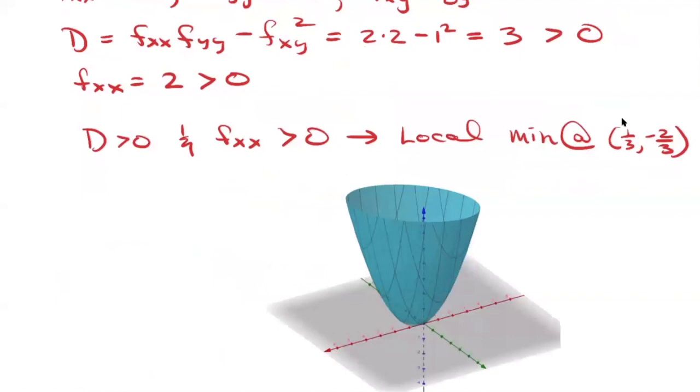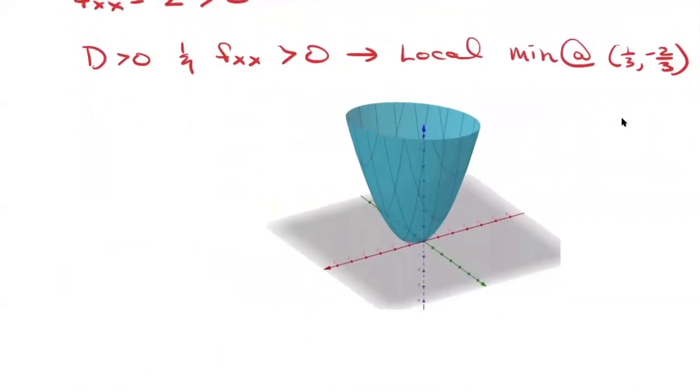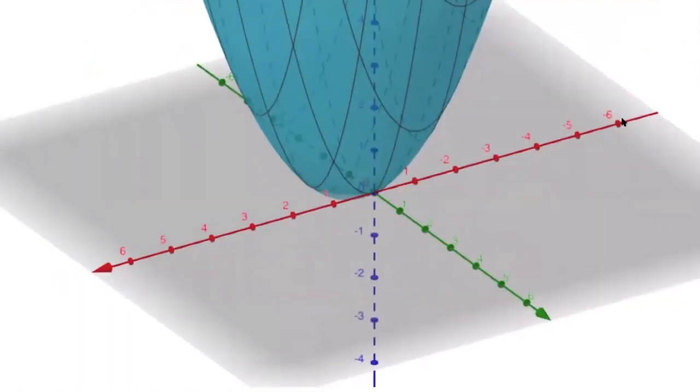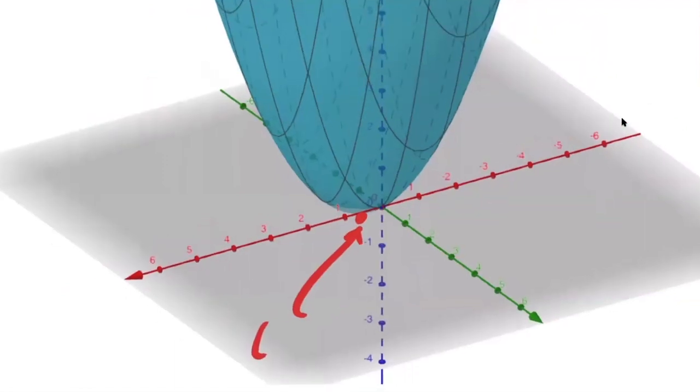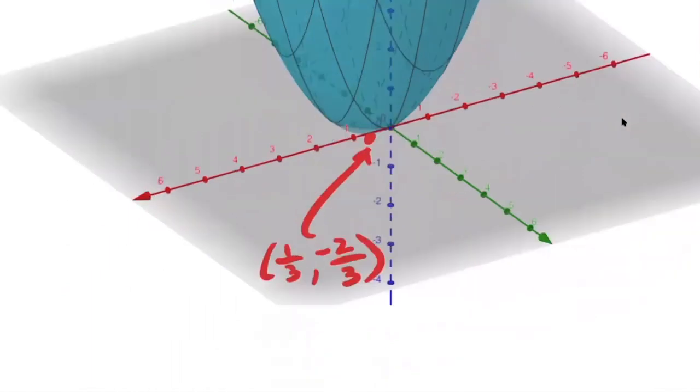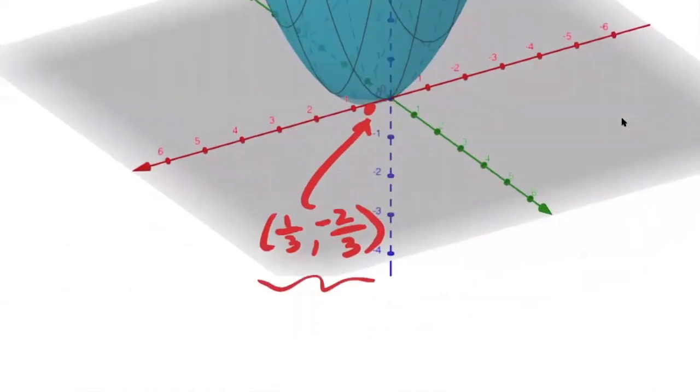All right, so let's just make sure we note here that the min is right here. So, and x was, what did we say, a third? So that's 1/3 for x and negative 2/3 for y, where the local min exists.